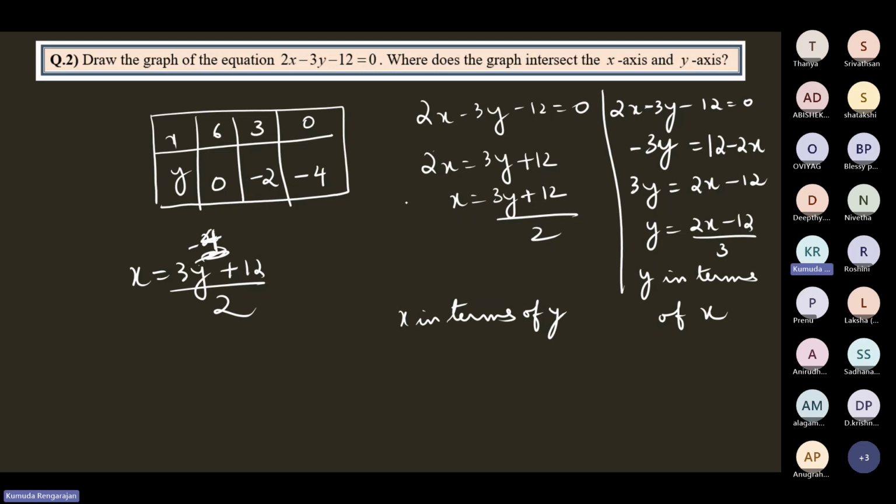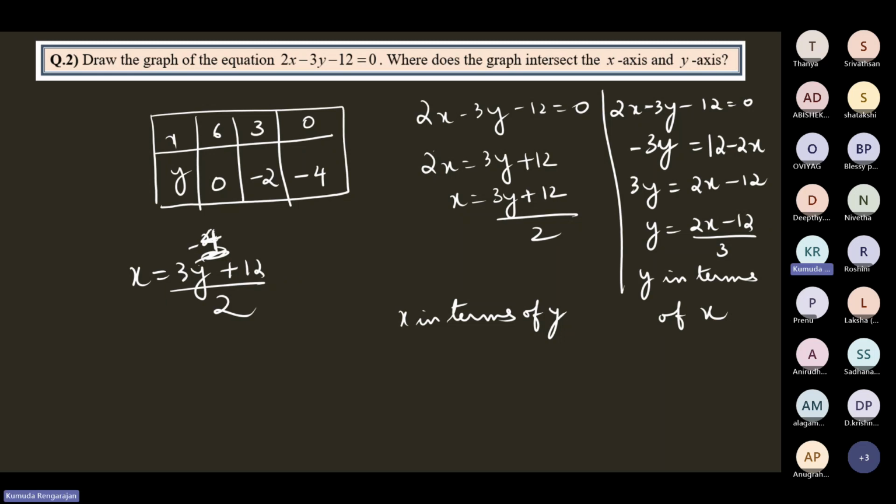Don't take very large numbers, and don't take a small value like 2 and a large value like 100. Then it will become difficult for you to plot the points on the graph paper. On the graph paper, you have limited space. You need to plot the points in that space, right? So you should not have large variations in the points you take.